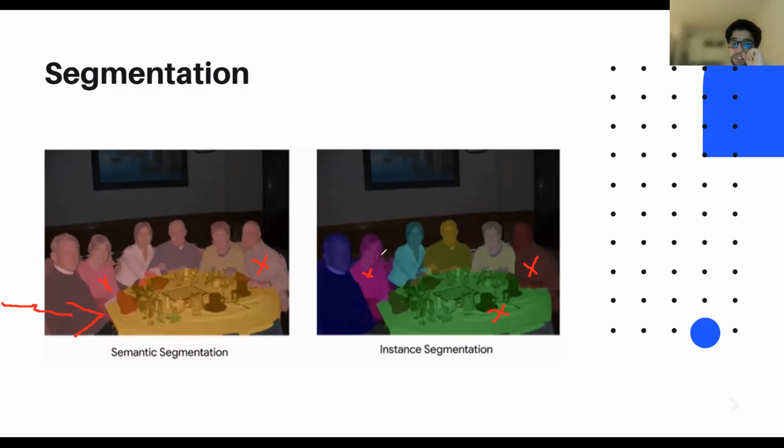This is the main difference between semantic segmentation and instance segmentation. We can clearly separate the pixels of the table from the pixels of the person, but we cannot separate between the pixels of person 1 and person 2. Also, we cannot count how many people are around this table from this semantic segmentation task, but we can easily do that from this instance segmentation example.